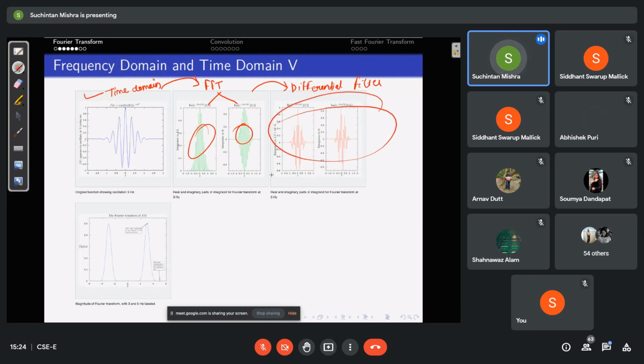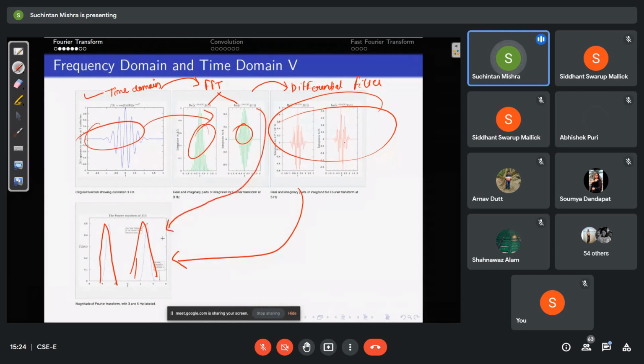And we get the corresponding real part and the imaginary part. Again, that is converted into the corresponding frequencies. So this signal had two basic frequencies, so it was converted in the frequency domain. Its graph had two peaks at two different frequencies.